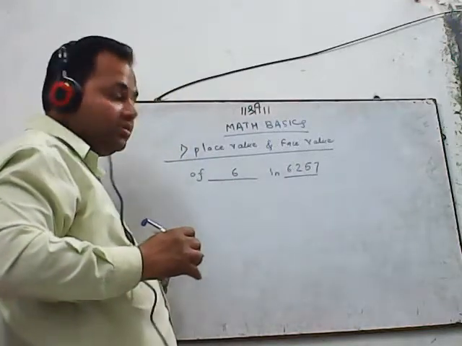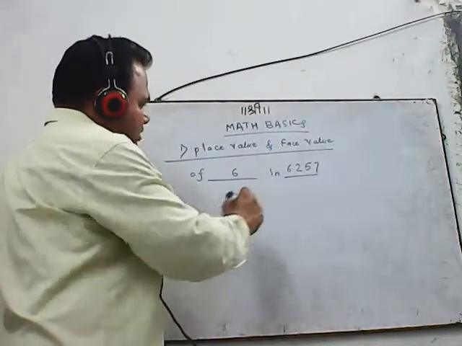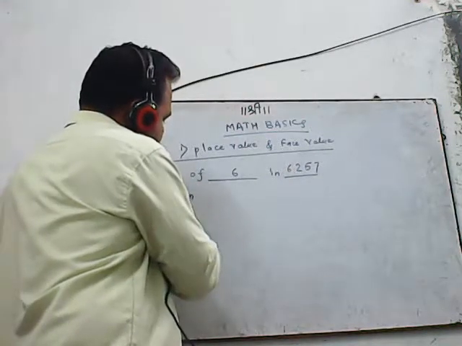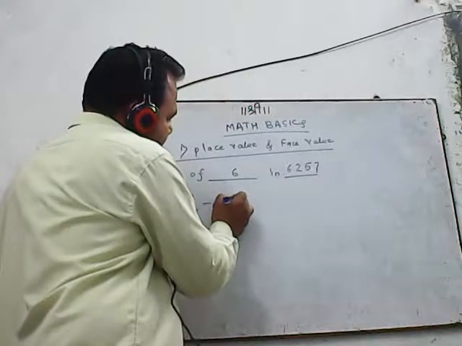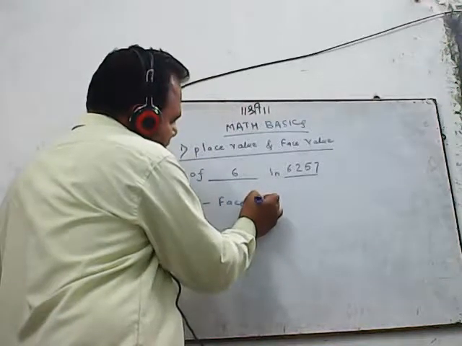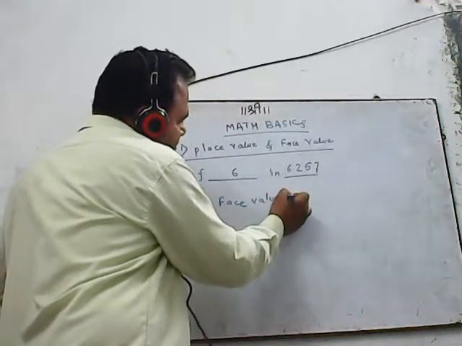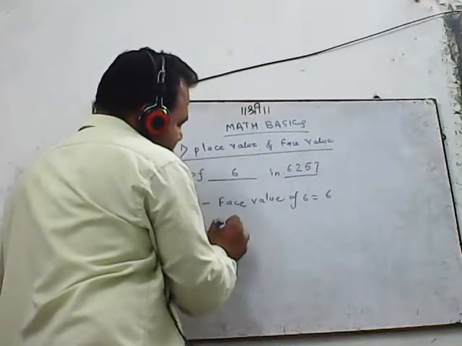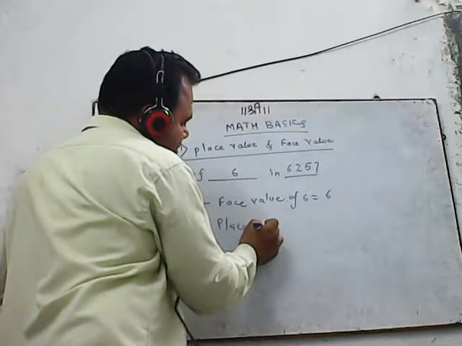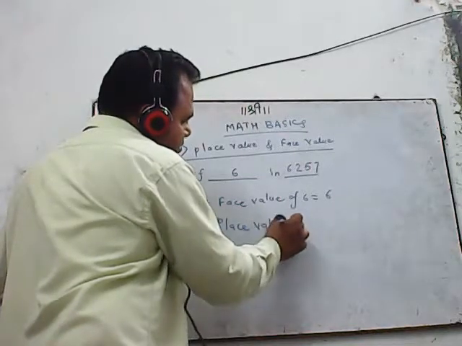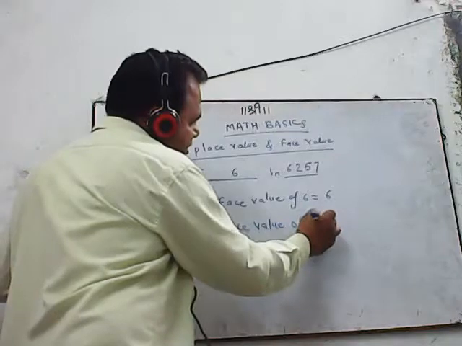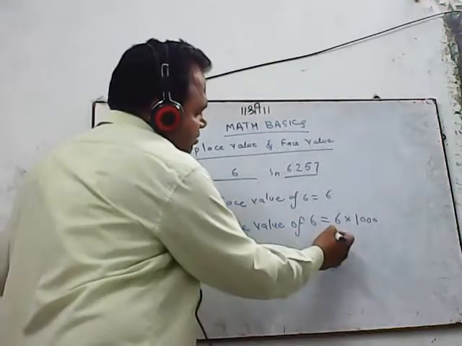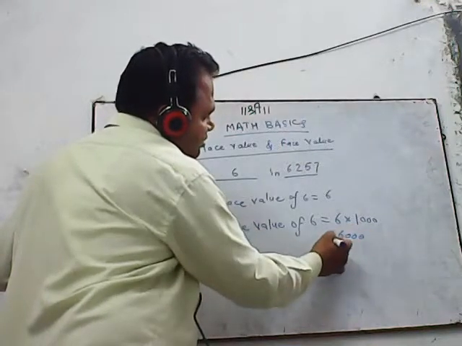How can you find it? The solution is like this: face value of 6 is equal to 6, and place value of this digit 6 is equal to 6 into 1000, which is equal to 6000.